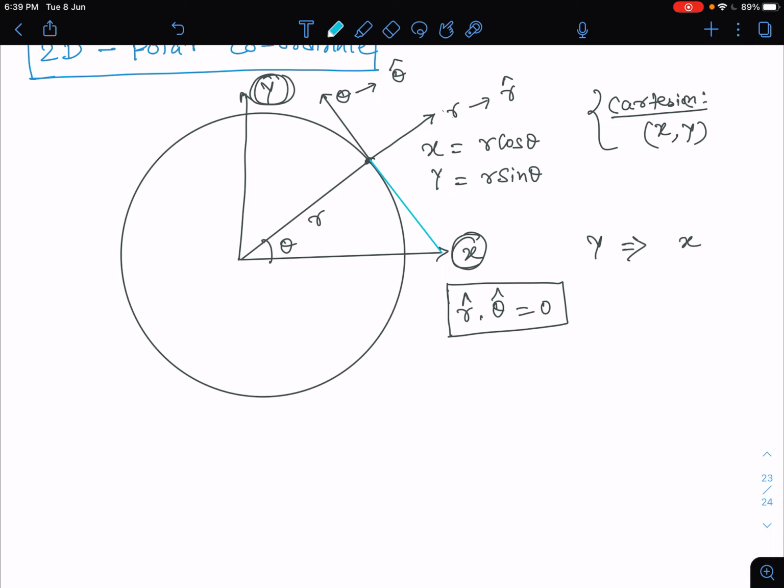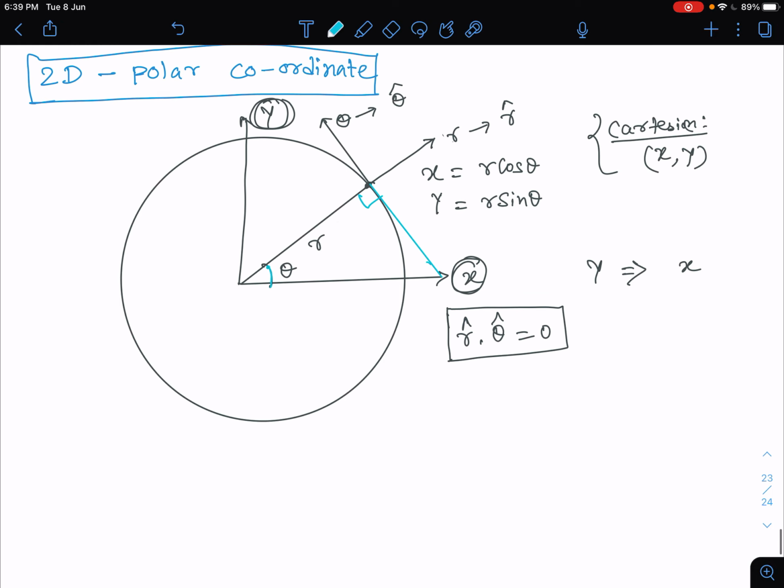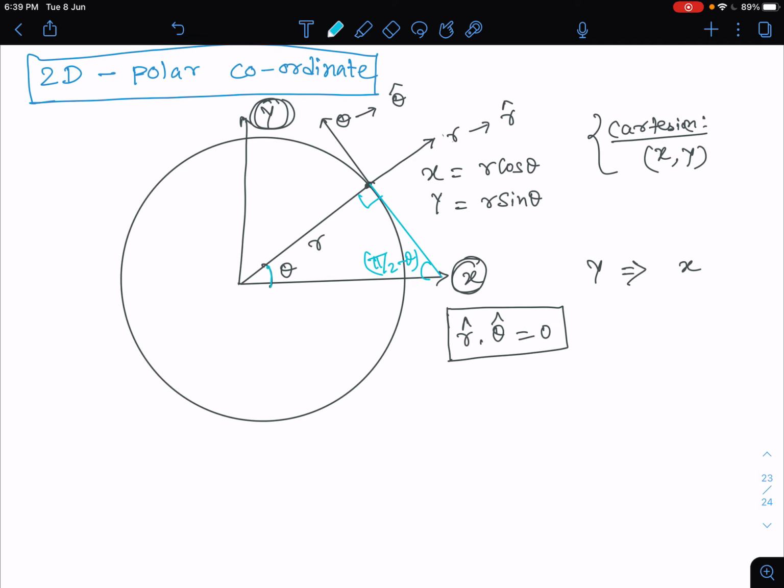Now if this angle is theta and this is perpendicular, then this is 90 minus theta, right? Now if we draw a parallel line here, these angles are equal, right? Because these two are parallel.